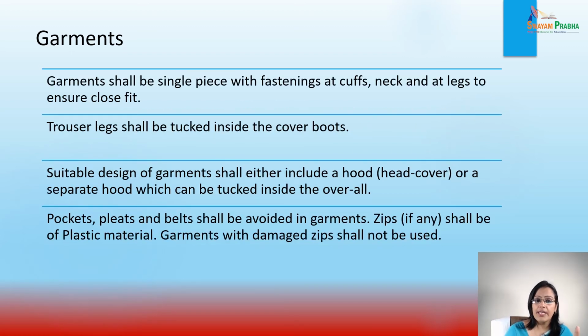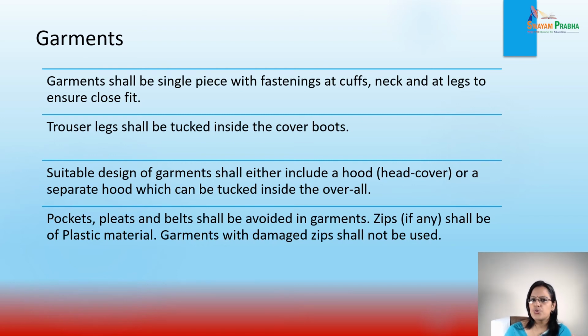The next is the clothing, and its quality shall be adapted to the process and the workplace and worn in such a way as to protect the product from contamination. Garment shall be single piece with fastening at cuffs, neck and legs to ensure close fit. Trouser legs shall be tucked inside the cover boots.